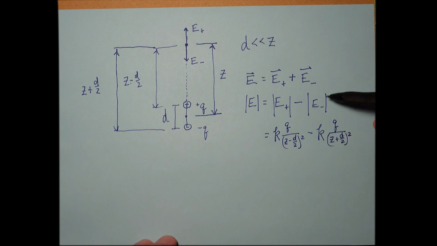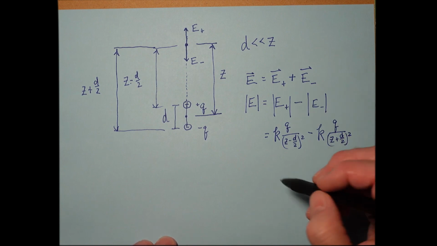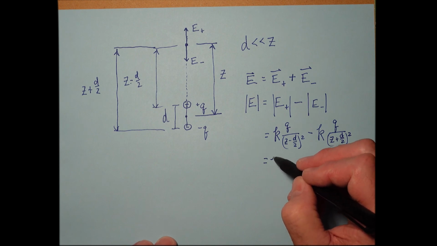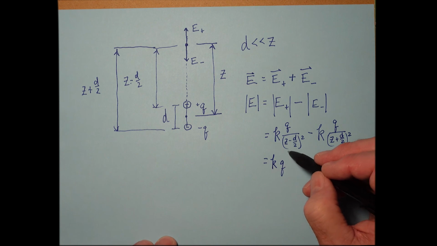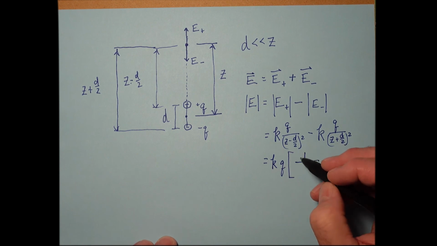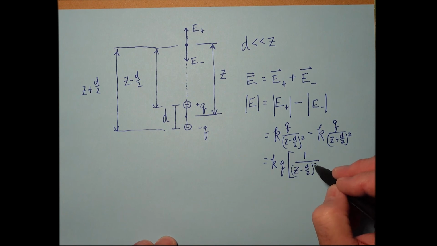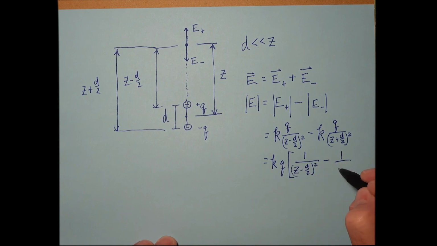So that's the electric field for those two, E plus and E minus. That's the magnitudes. Now you can see that we have some things in common, so we can factor some things out. Let's factor out a K and a Q. And then I've got 1 over Z minus D over 2 squared minus 1 over Z plus D over 2 squared.